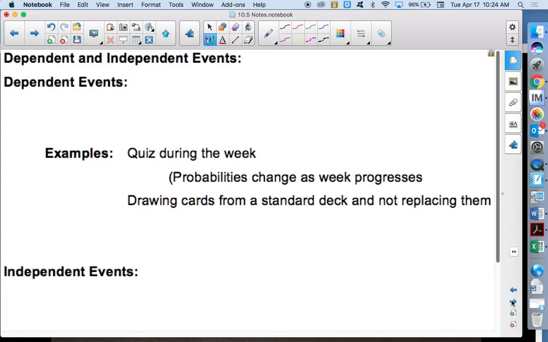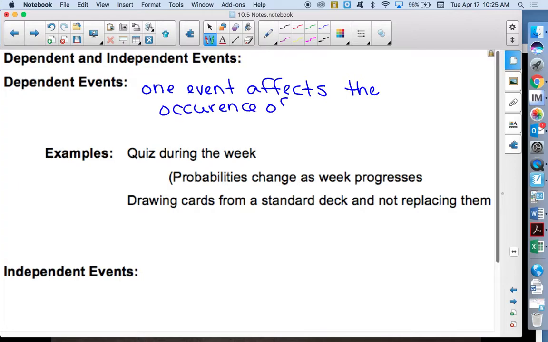So with dependent events, one event affects the occurrence of a second event. Or you could say it changes the outcome of the second event.